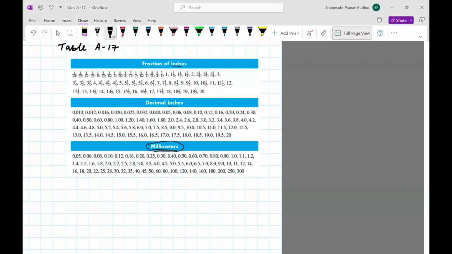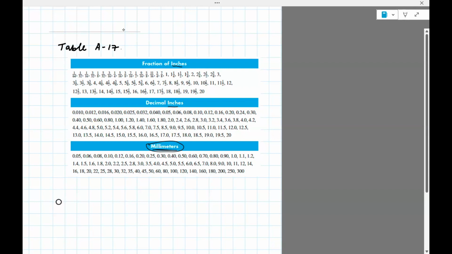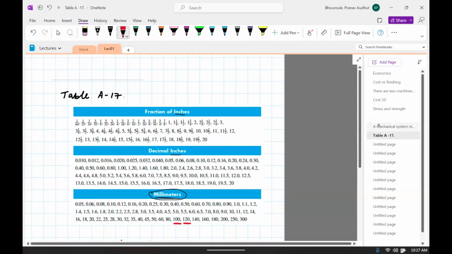So we look along this and see if we can find a shaft of diameter 112.8. Okay, so we see here we have 45, 80, 100. So we have 100, we have 120. We don't have 112.8. So we need to choose between 100 and 120. Now, here's the thing. If you choose 100, then your stress, because the stress is inversely proportional to the diameter, see it here.